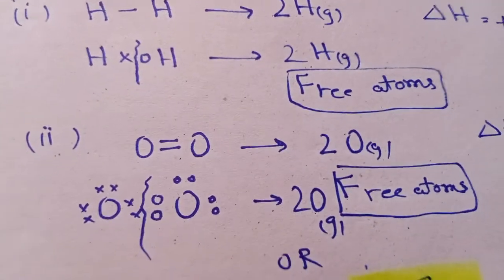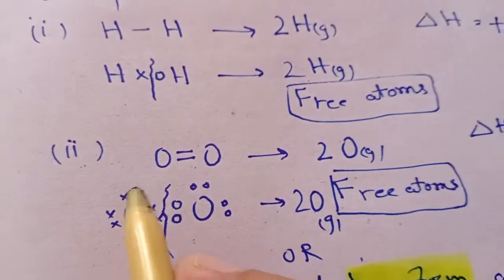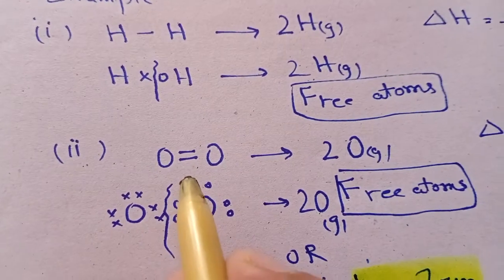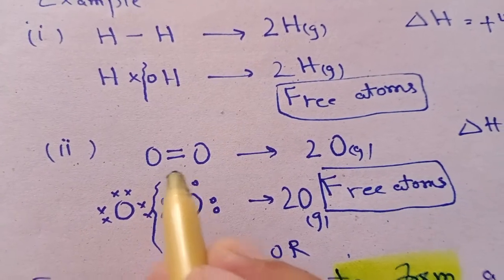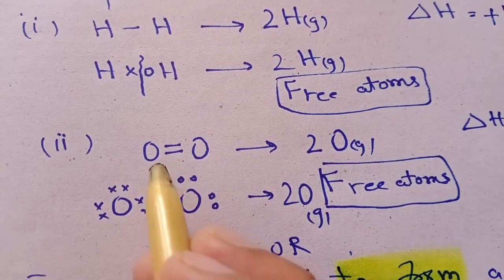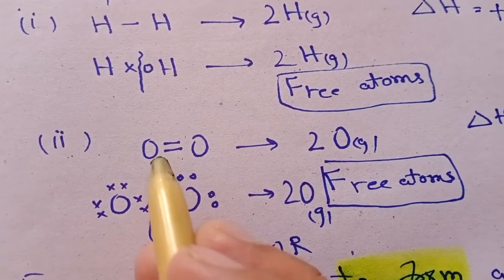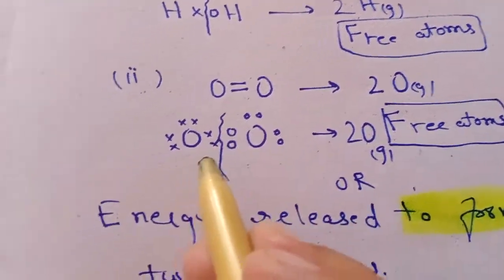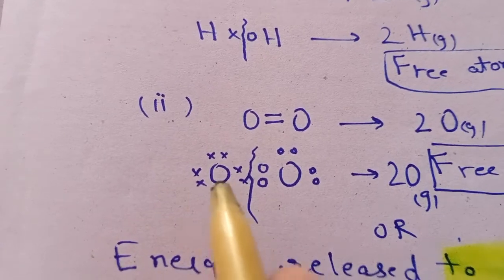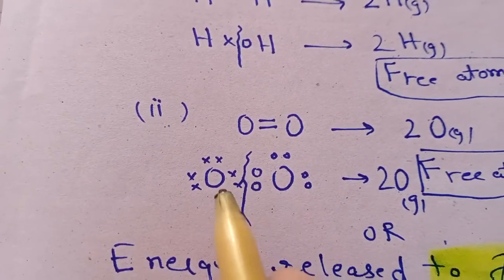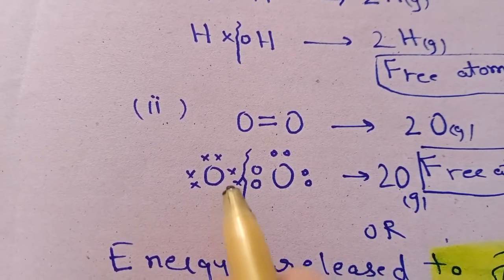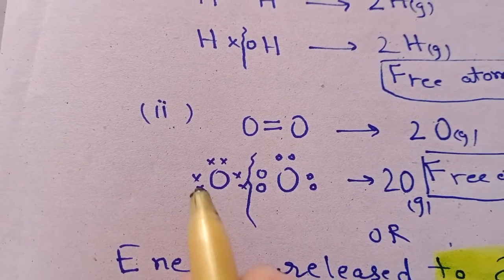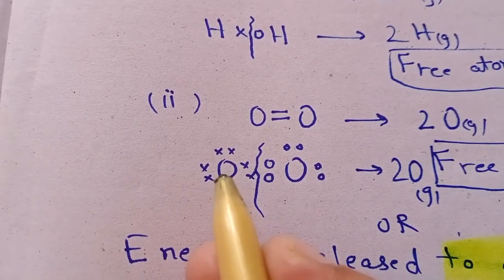At the same time, you can take another example of a diatomic molecule, which is oxygen, which you are very much familiar with. Oxygen contains a double bond. It is also a covalent bond, but instead of a single covalent bond, oxygen atoms share two pairs of electrons. Oxygen is a member of group 6.